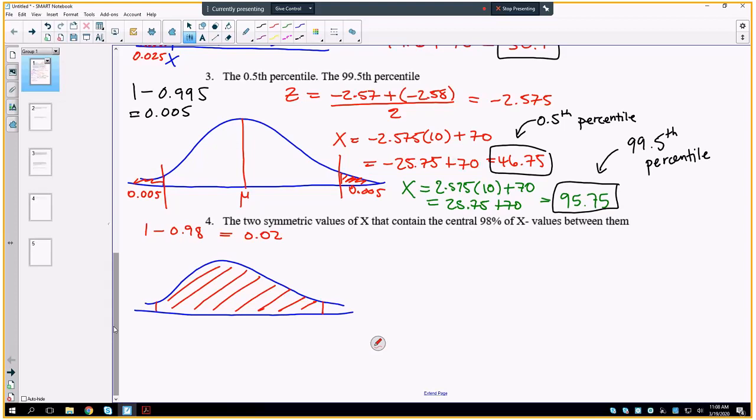But I need to split that up between two sections. I need half of it here on the left and half of it here on the right. So I'm going to divide by 2. So I want 0.01 or 1% here on the left-hand side, and I want 0.01 on the right-hand side as well. And now it looks quite like the last problem, and we know what to do.